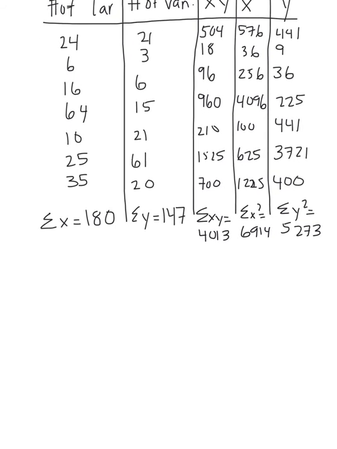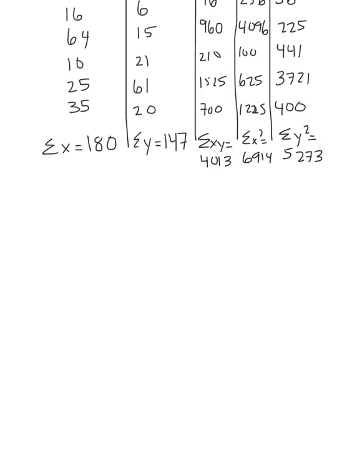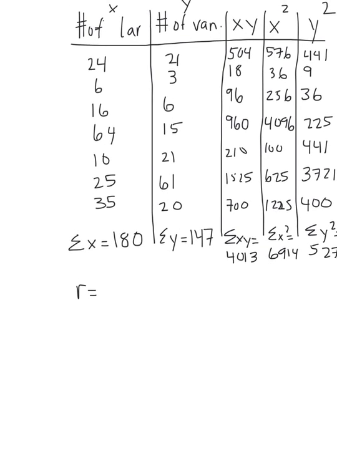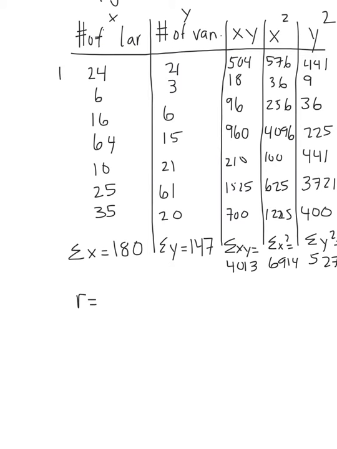So let's take this information and substitute these numbers into our formula for R. So R is equal to our sample size n, which is 7 numbers, and we can count them: 1, 2, 3, 4, 5, 6, 7.